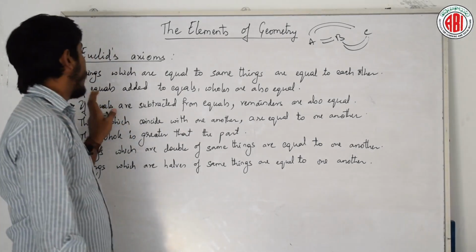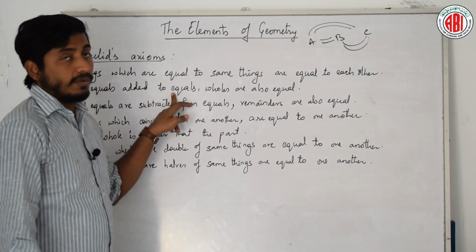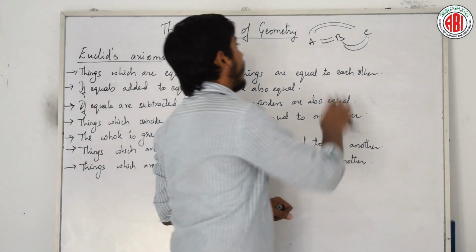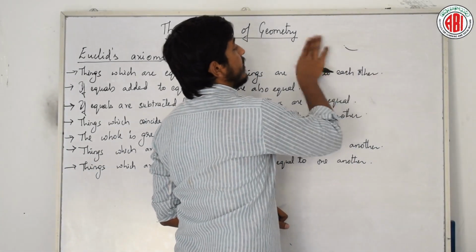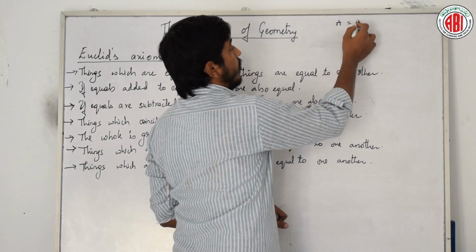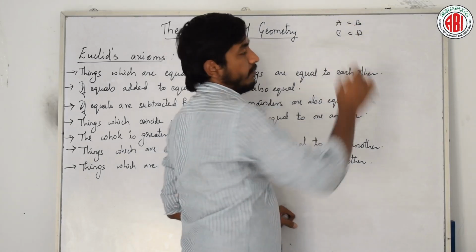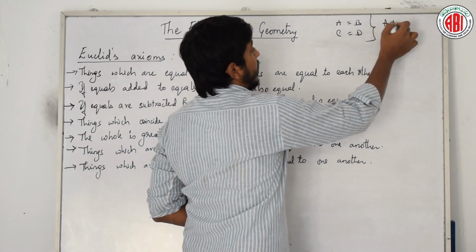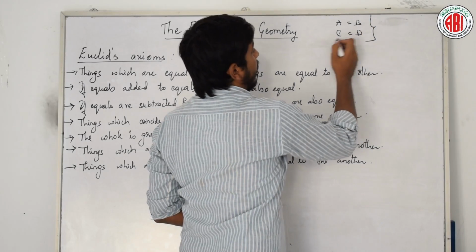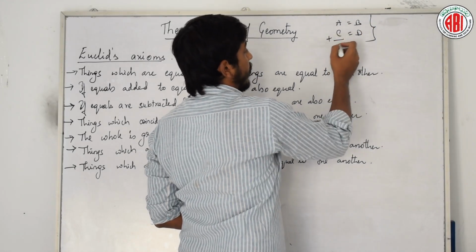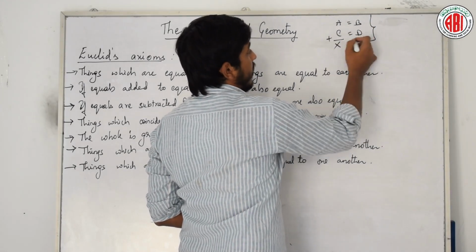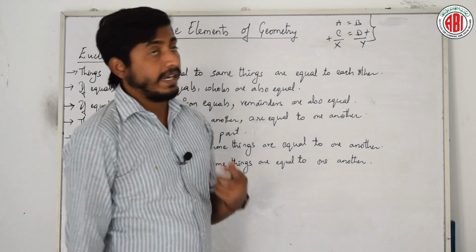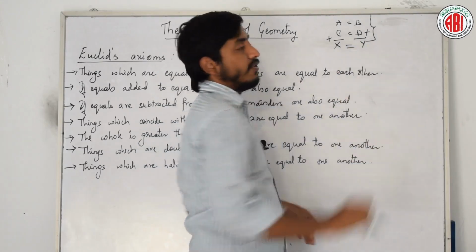See this next one. If equals are added to equals, then the wholes are also equal. Let us take variables: A equal to B, C equal to D. If I say A plus C is equal to some X, and B plus D is some Y, then I can directly say that X is always equal to Y. Why?